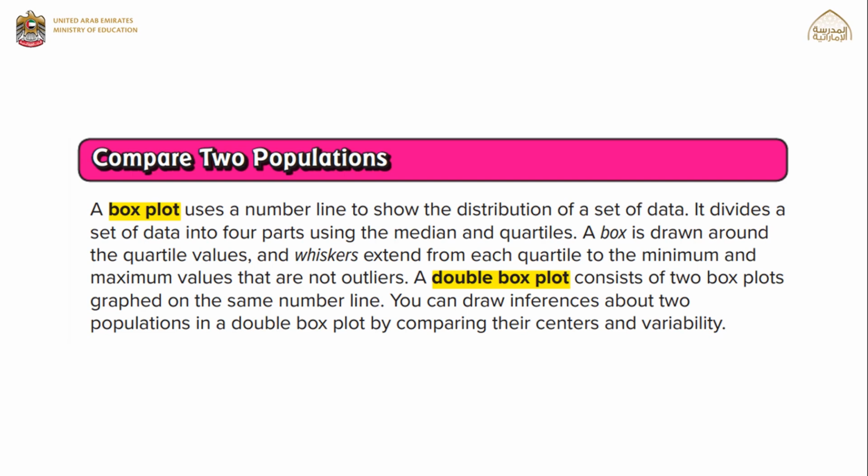A box is drawn around the quartile values, and whiskers extend from each quartile to the minimum and maximum values that are not outliers. A double box plot consists of two box plots graphed on the same number line. You can draw inferences about two populations in a double box plot by comparing their centers and variability.